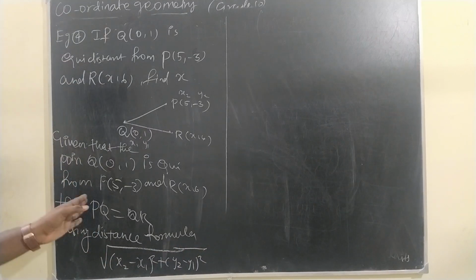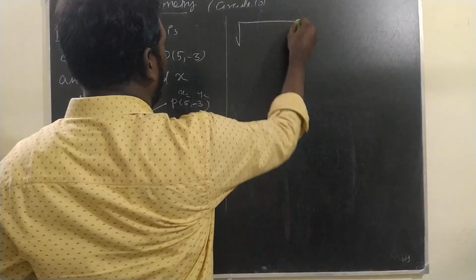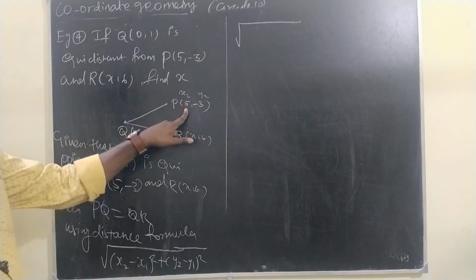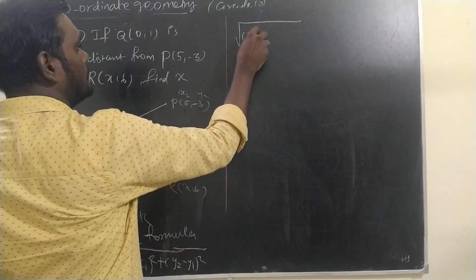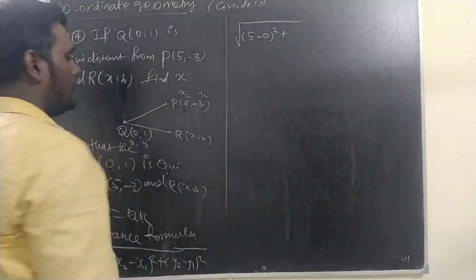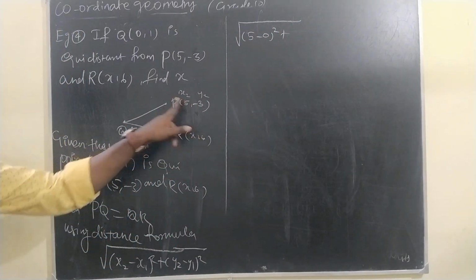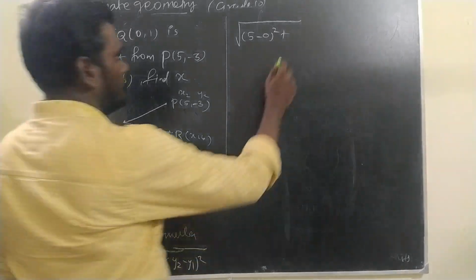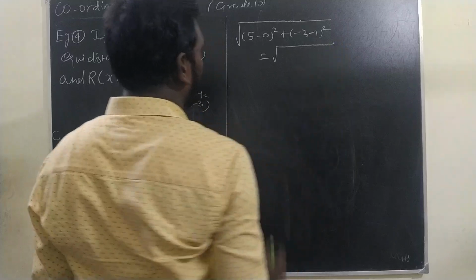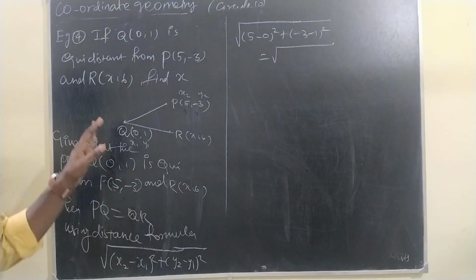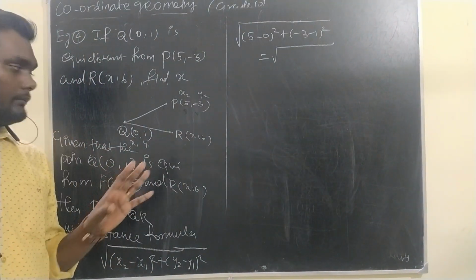Okay. So square root of x2 minus x1: 5 minus 0 whole square plus y2 minus y1: minus 3 minus 1 whole square.